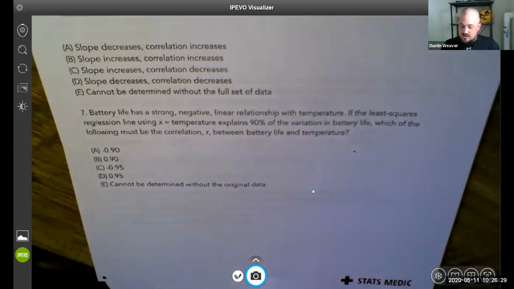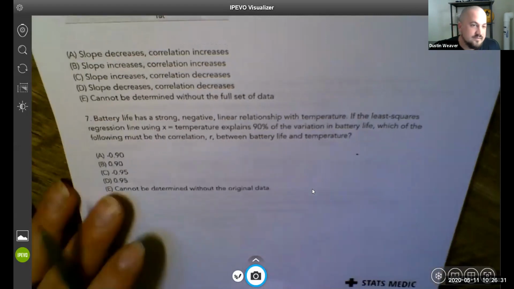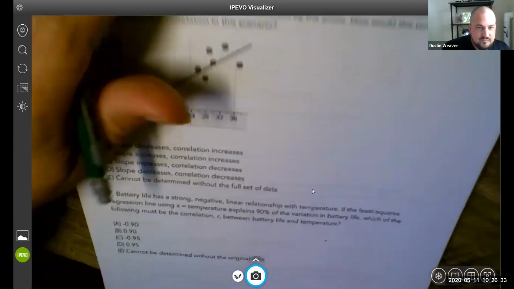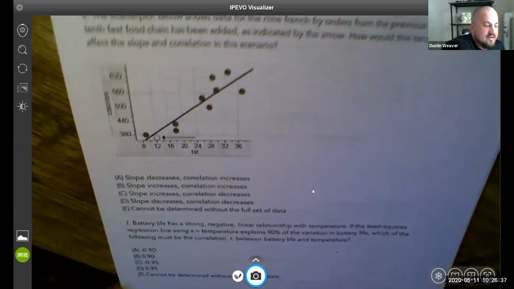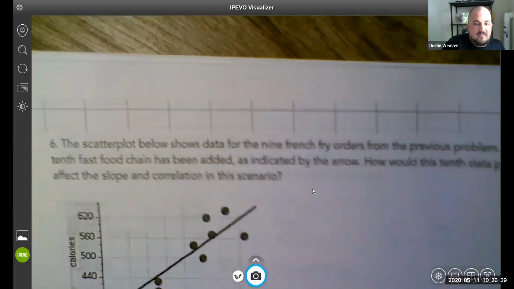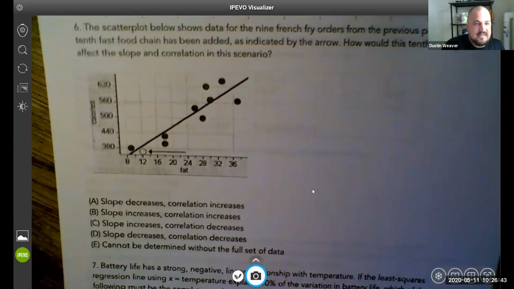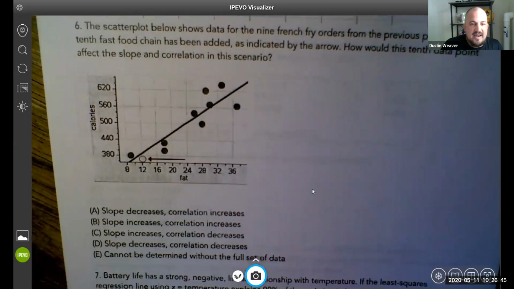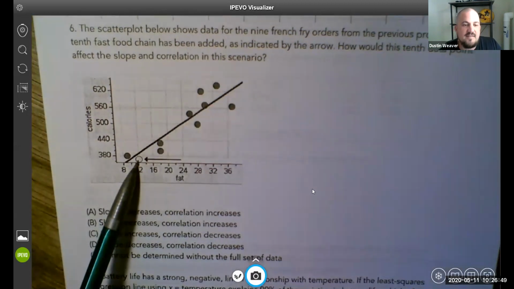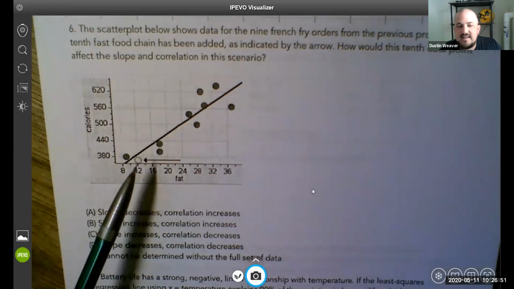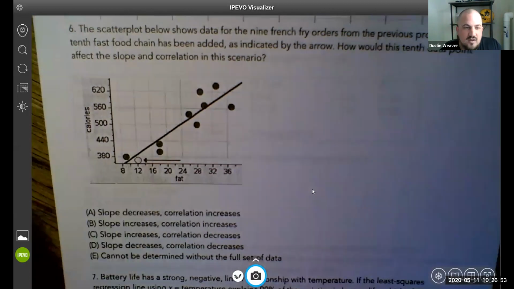Let's move to number 6. The scatter plot below shows data for the 9 French fry orders from the previous problem. A 10th fast food chain has been added as indicated by the arrow. So this is a 10th fast food chain. So there were 9, and we've added a 10th one here.